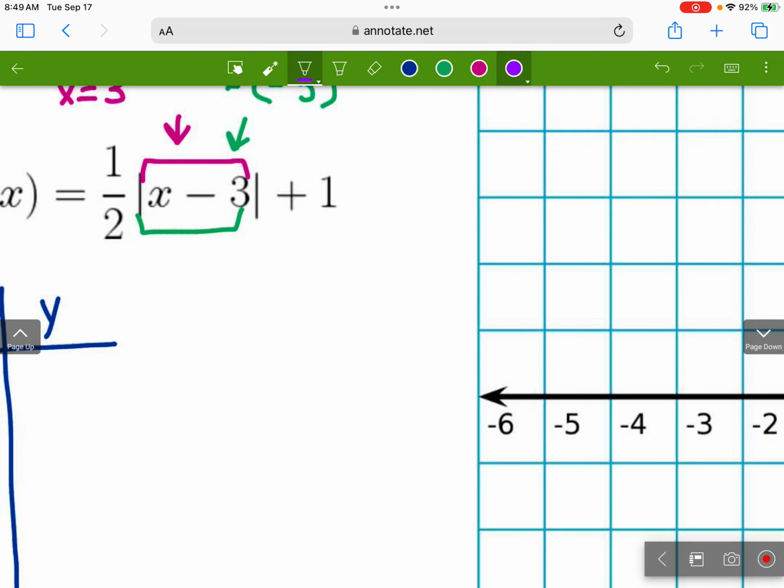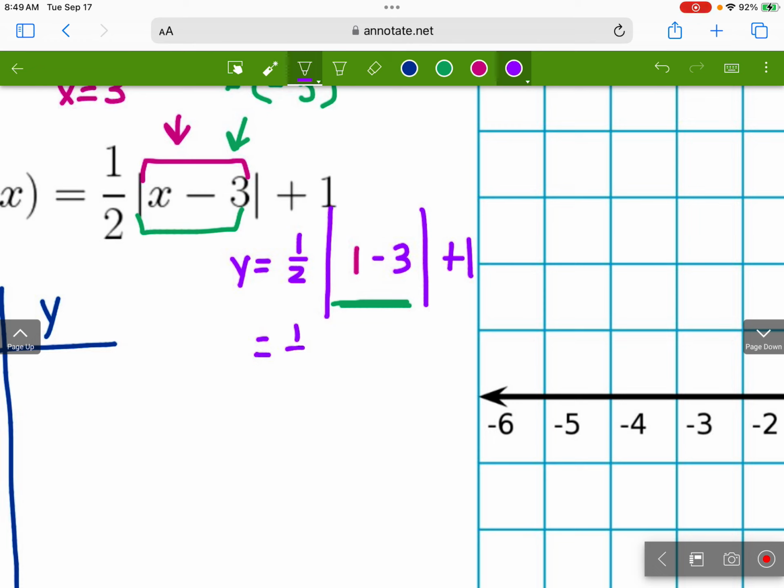So my equation is y equals 1/2 times the absolute value of 1 minus 3 plus 1. Order of operations means we're starting inside our absolute value here. What is 1 minus 3? -2.